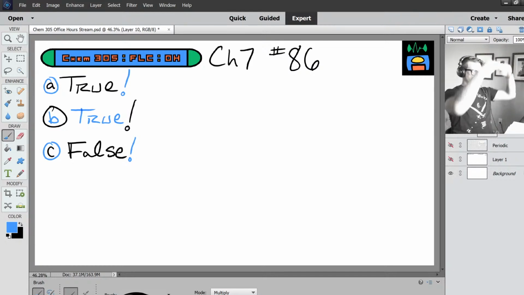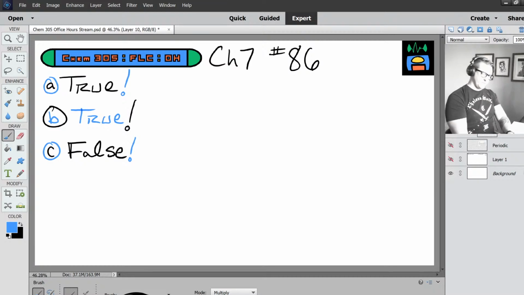Part D: to compare the boiling points of two different liquids, the external pressure should be the same.